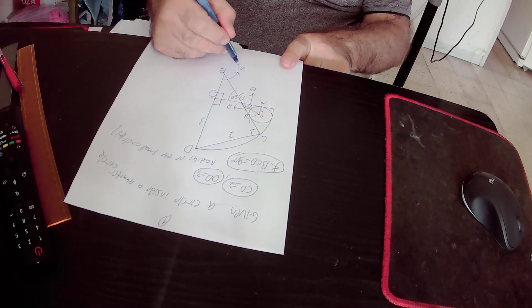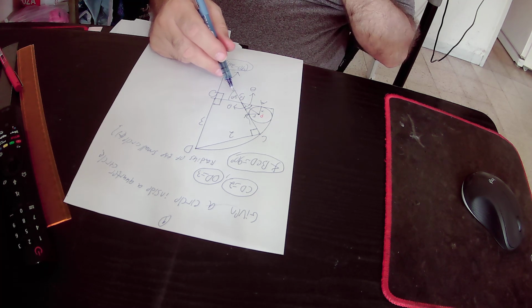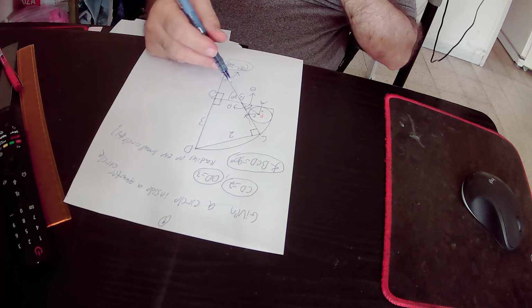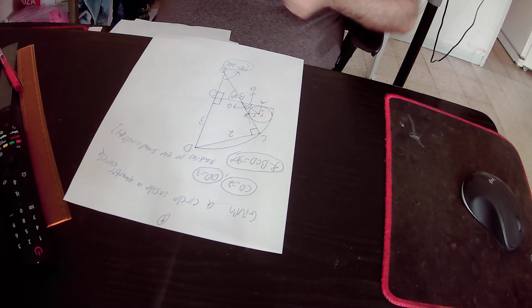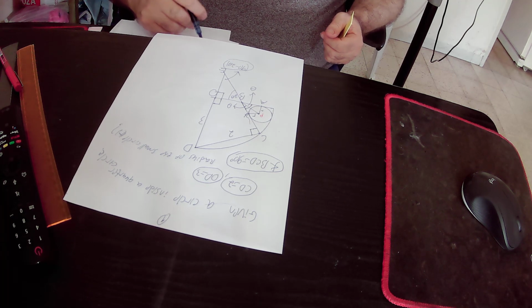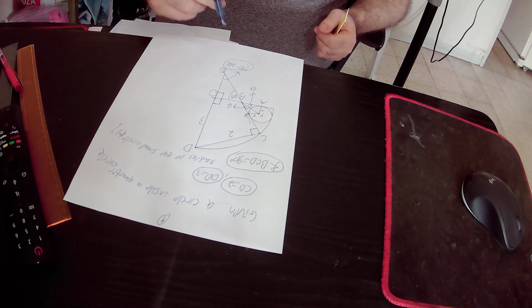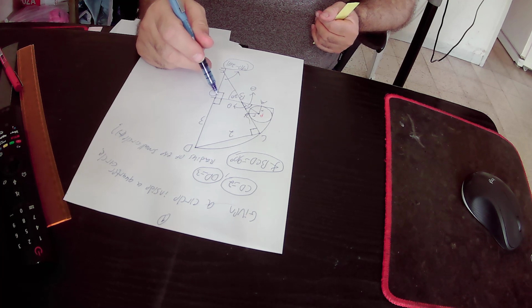Okay? Because this angle is 2 theta, and we know that the sum of the angles in any triangle is equal to 180 degrees, and we know that triangle BOE is a right triangle, then angle EOB equals 90 degrees.